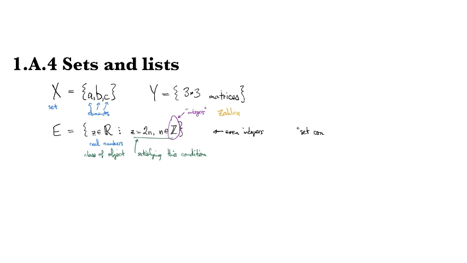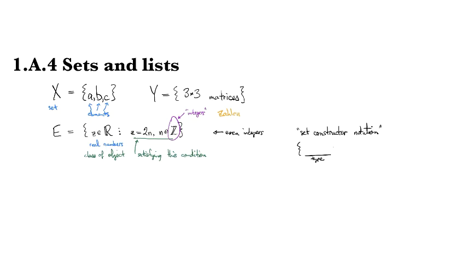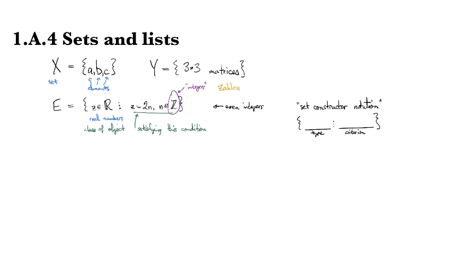Not that you'll ever need to remember this for the rest of your life, but that's just this idea where you say, okay, it's going to be all things of this type that satisfy this criterion. Anything satisfying that criterion is in there, and if you're in there, then you have to satisfy that criterion.